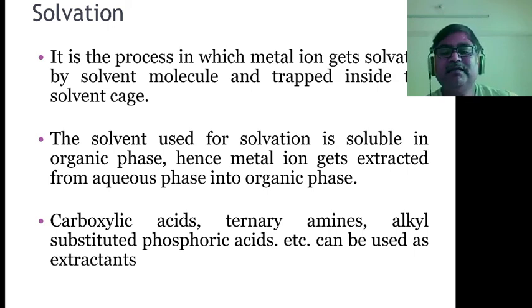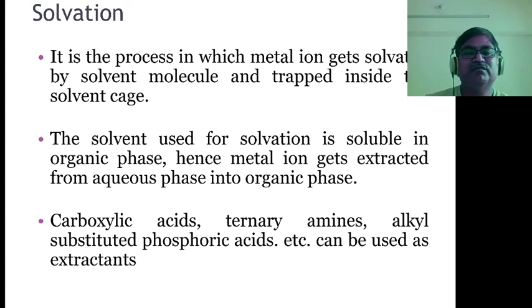Third, alkyl substituted phosphoric acids are used. These are the extractants or solvents used for the solvation process during solvent extraction: carboxylic acids, tertiary amines, and alkyl substituted phosphoric acids. These are the three examples related to the solvation process.